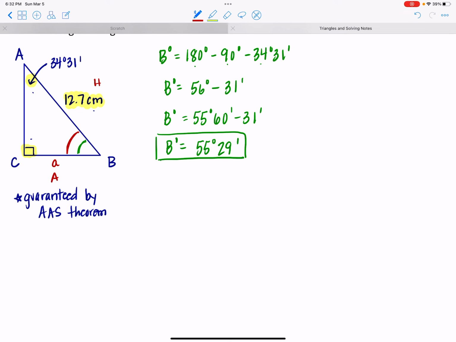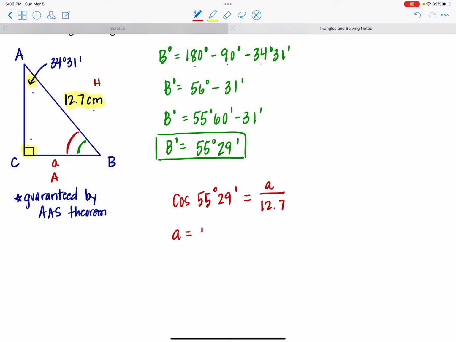So the cosine for angle B, which we know is 55 degrees 29 minutes, has to be equal to a ratio of the adjacent side, A, over the hypotenuse, which is 12.7. If I wanted to solve for A in this one, I have to get rid of division by 12.7, which means I'd have to multiply it over.